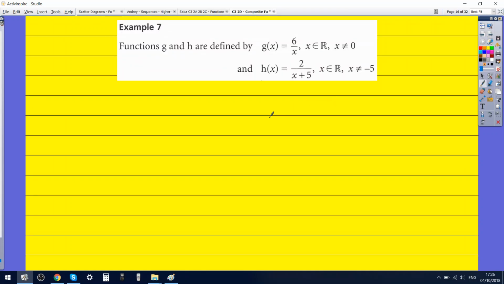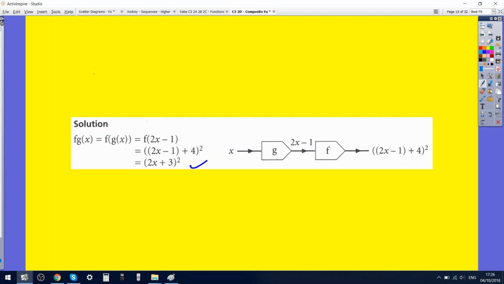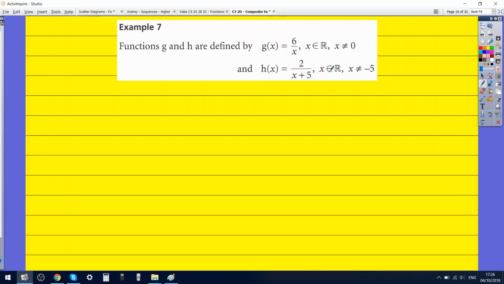Fair enough. Okay, this time we have reciprocal, so we won't bother simplifying too much. What is the g of h of x and the h of g of x?